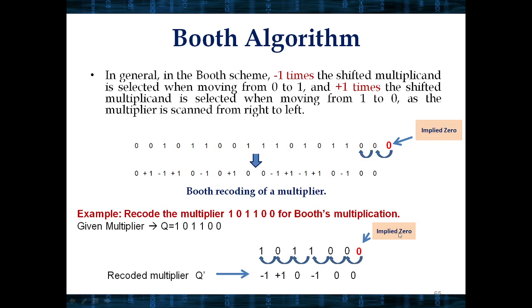So now according to Booth's recoding table, we'll recode this multiplier. 0 to 0 means 0, 0 to 0 0, 0 to 1 means -1, 1 to 1 0, 1 to 0 means +1, 0 to 1 means -1. So this becomes Q dash, that is nothing but the recoded multiplier.